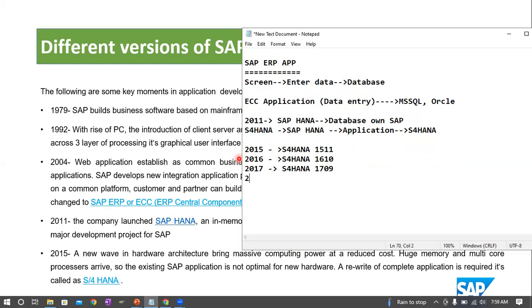Like that, every year they are releasing new versions. 1809, and so on. Now the latest version is 2020.